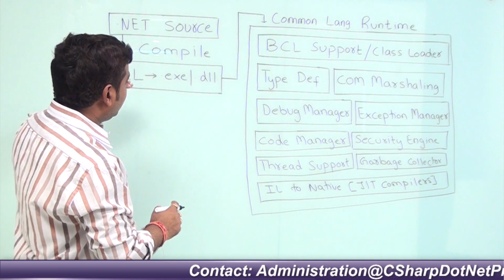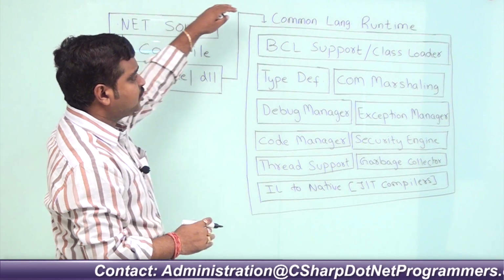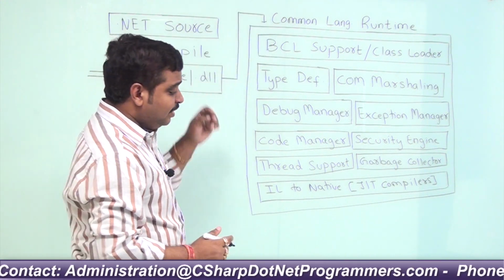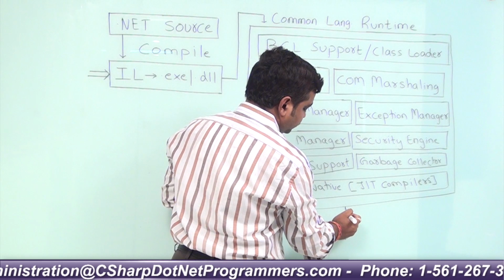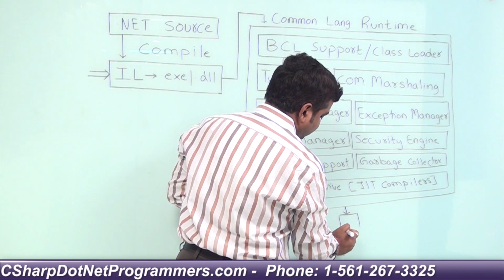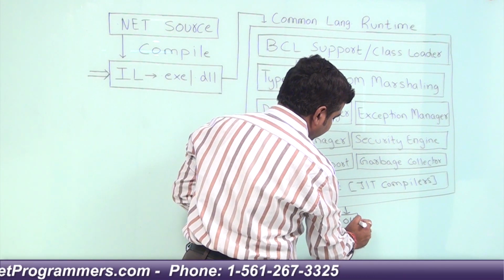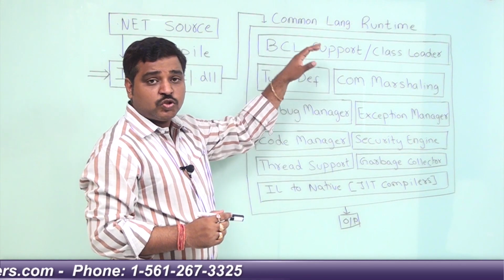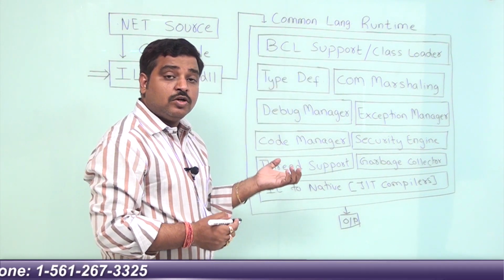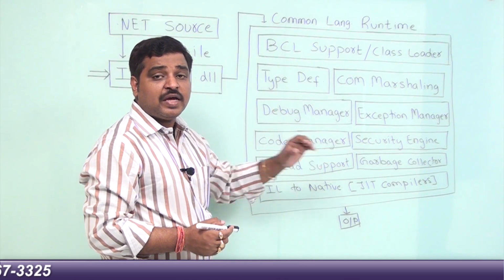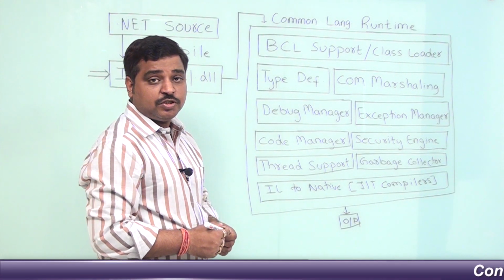So once a .NET application is passed to the CLR, then we get the output. So what does CLR mean? CLR is a collection of resources used by the .NET framework in order to execute your application. In this video, we just observed a brief introduction about the .NET Framework 2.0.